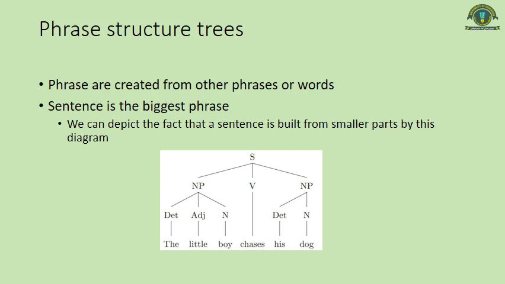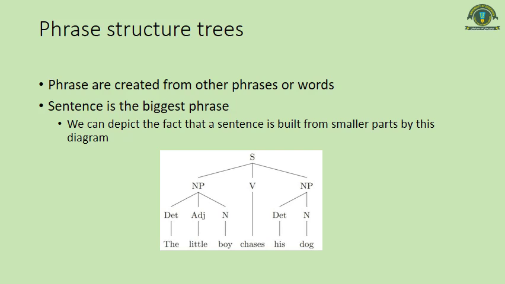What is important is their arrangement, their order, their hierarchy of syntactic categories, and the rules behind them, how the ordering of grammatical words and lexical words can become the right grammatical combination. And the sentence is the biggest phrase.